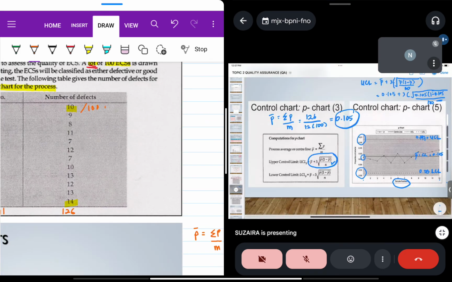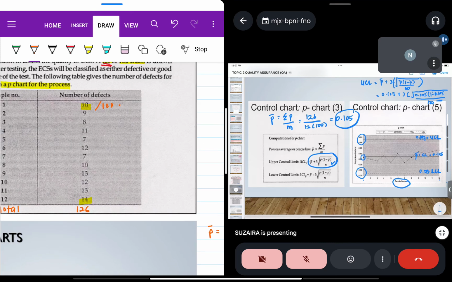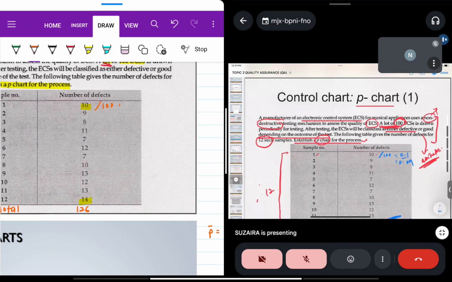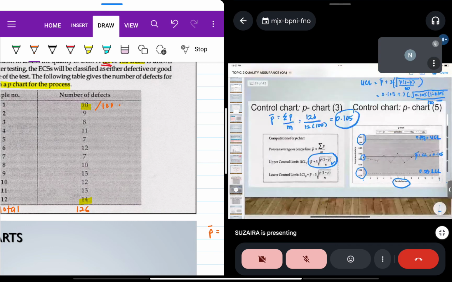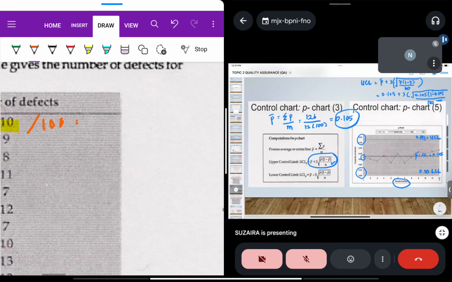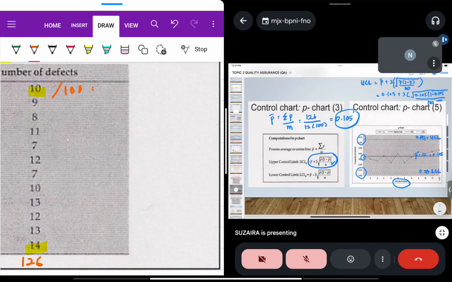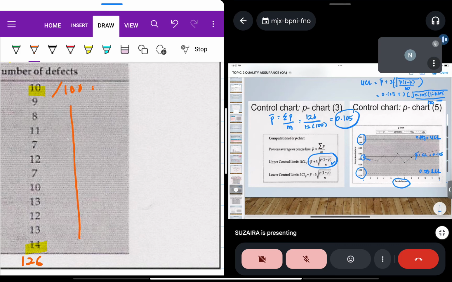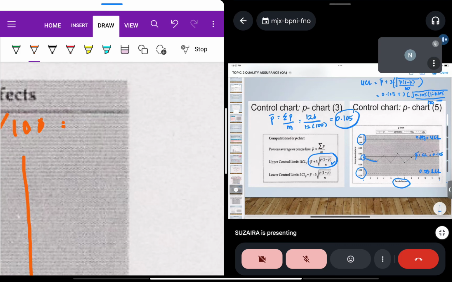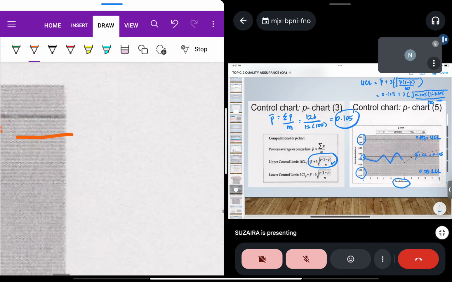For example, this one you'll have 0.10. You just divide all of these numbers by the 100. So that is for the P chart. Once you have this, you plot, and we can connect one plot to another, and then you can look at the trend.